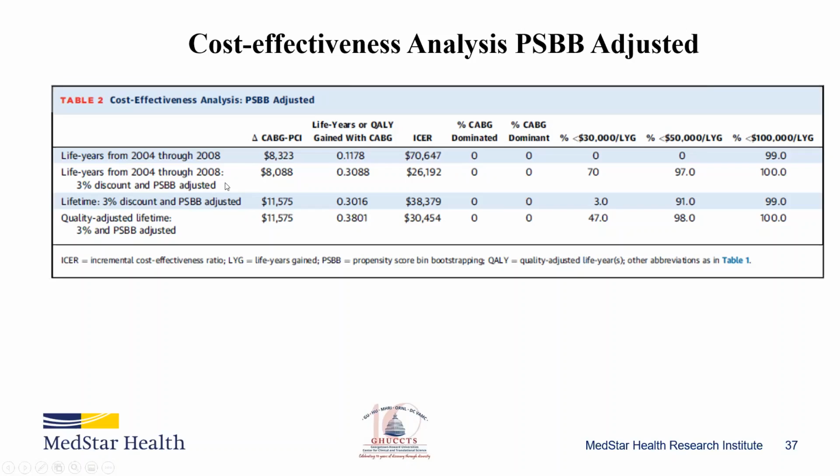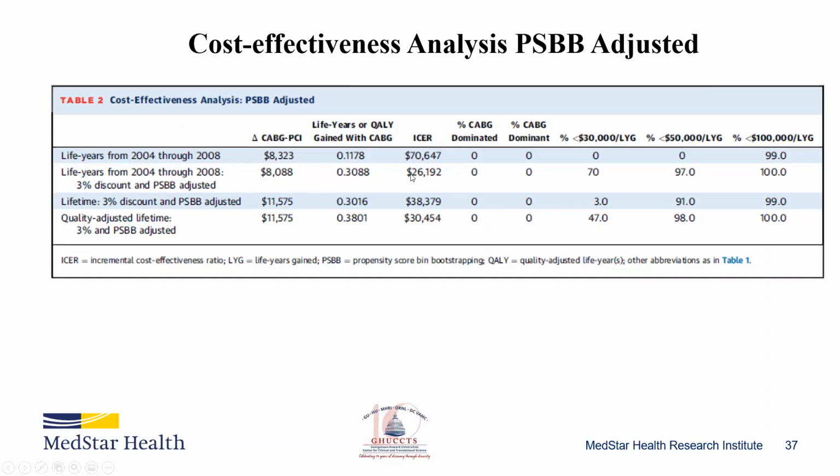for example, where we looked at life years and did 3% discounting, and with the adjustment here, I'm not going to go into the adjustment here. This is another, a little more complicated way of adjusting the propensity scores. But we have a difference of $8,000, 0.3 life years gained.